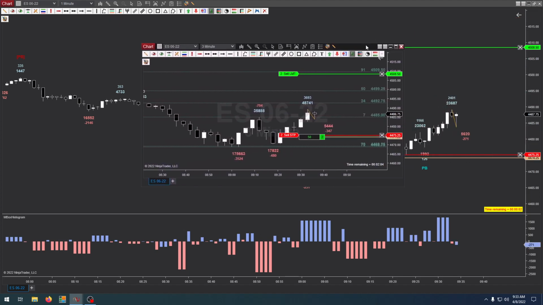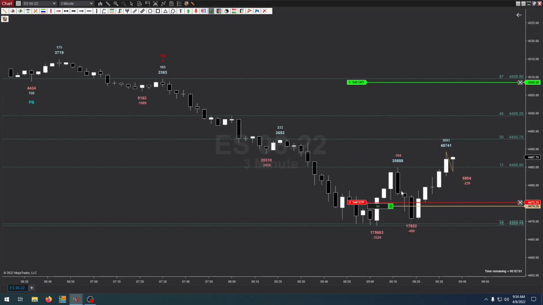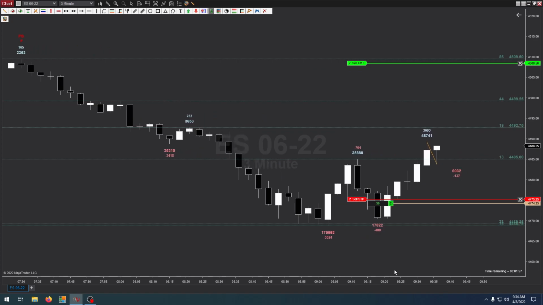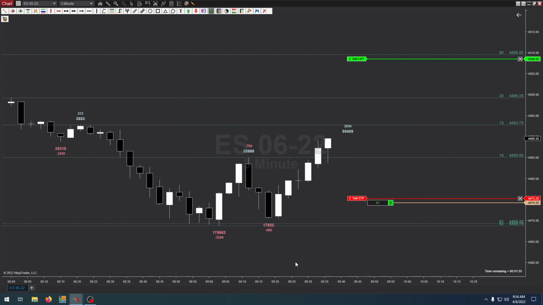Now what we had on the 3-minute here, this is what I was looking for. This candle here did close above this level right here. This one came down and retested it, so it held the support. It did hold the support, so now price theoretically wants to go to this level right here.